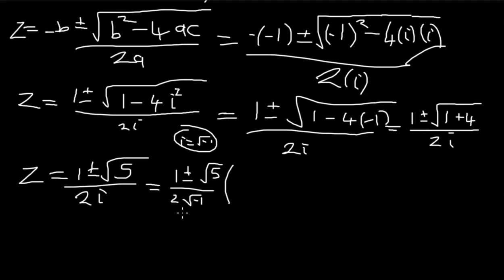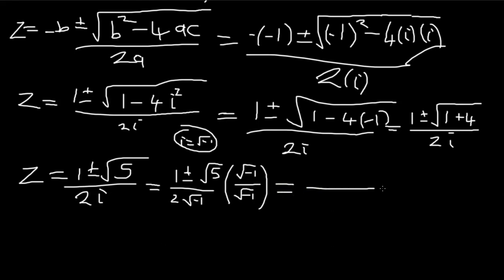When you want to rationalize this, you multiply everything by the special one, the root of negative 1 over the root of negative 1. This times this, you get negative 1.